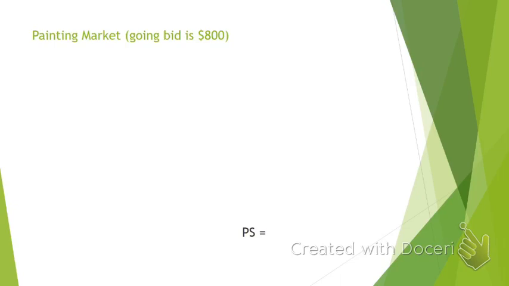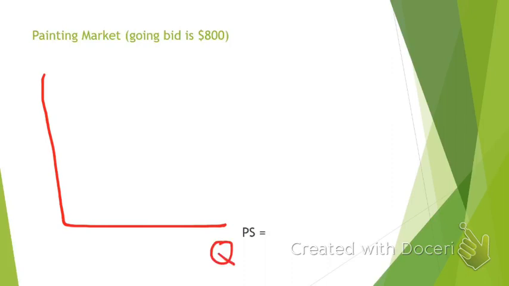So if we grab the graph of producer surplus, it might look like a continuous graph. So this is the bidding on the paint job. So we had 900 was one of the bids, and then we have 800, right?